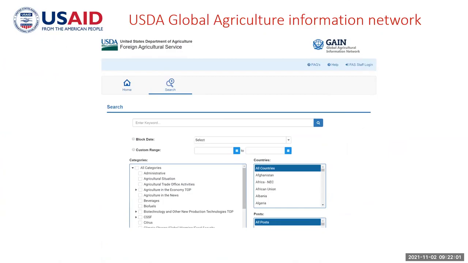USDA has GAIN, which is the Global Agricultural Information Network. And it's great. It's actually built to help the US promote its exports. But they'll take a market, for example, Afghanistan, and they'll do a report on the Afghanistan market for apples or pomegranates, which is really intended for the US exporter to say, okay, now I understand the Afghanistan market.